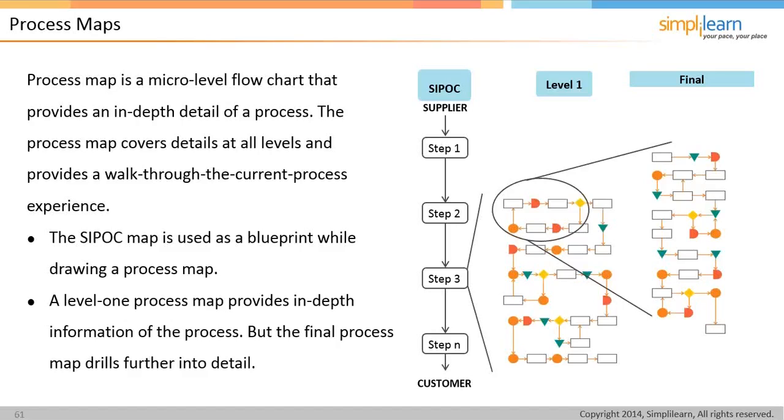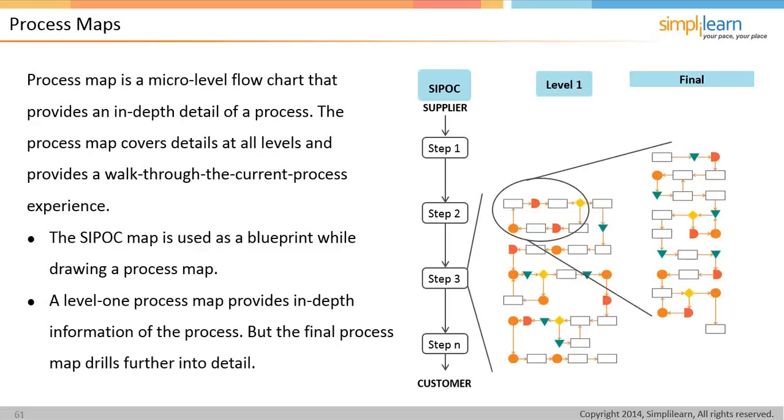Now, process maps. In this case, we're going to look at a micro-level flow chart that provides an in-depth detail of a process. It covers all the details at all the levels and provides a walkthrough of the current process experience.